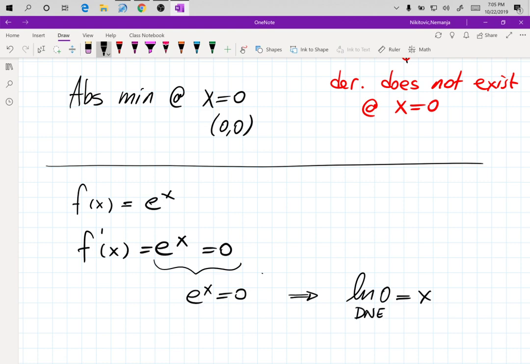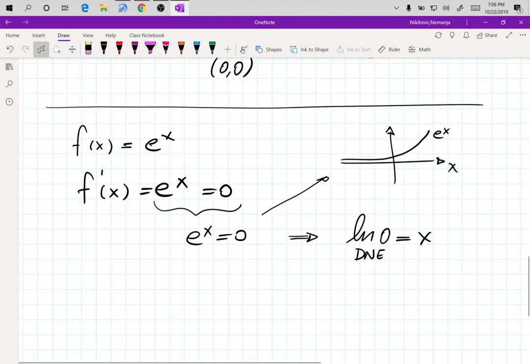Another way you can solve this, which is a much better way, is to graph it and realize that your e to the x never crosses the x-axis. So it has no solution. Now I need to talk more about that. But before I talk more about the graphical solution, we are understanding that there is no solution.